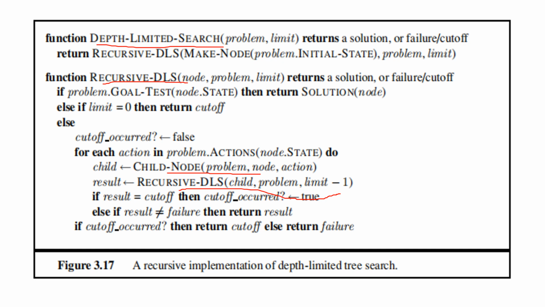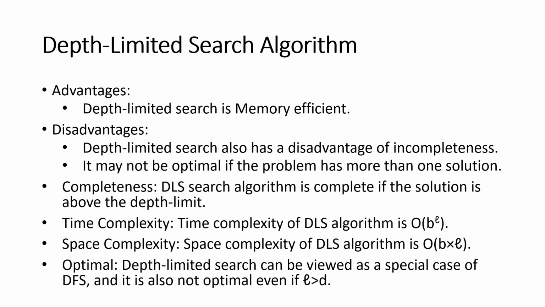Then you can see if cutoff occurred, return cutoff, else return failure. So that means if any child was cut off, it will return cutoff. And if no solution and no cutoff, then return failure. Cutoff failure means a solution may exist deeper, and standard failure means no solution exists.